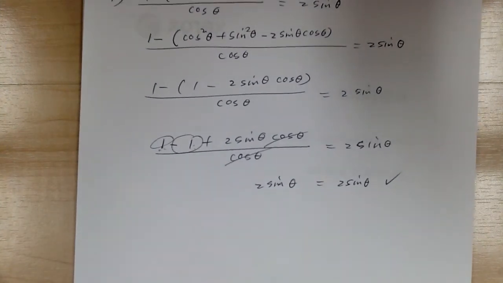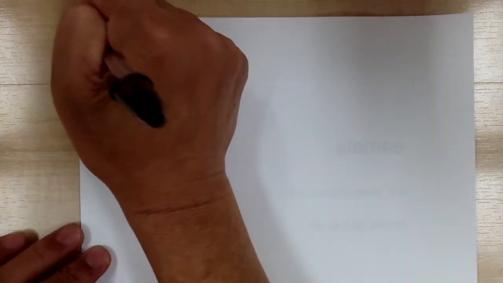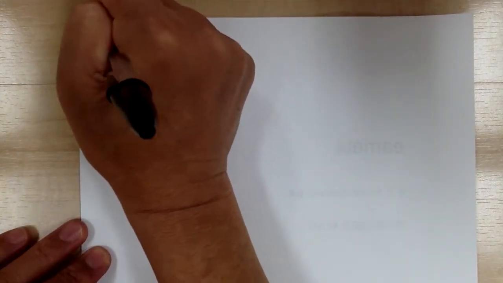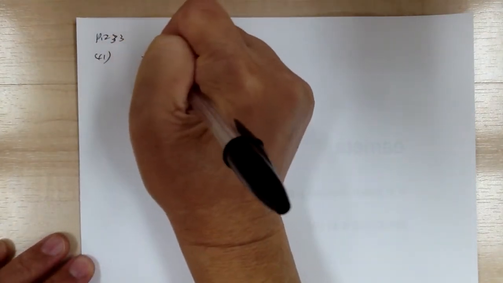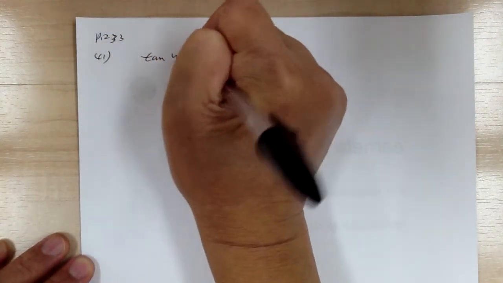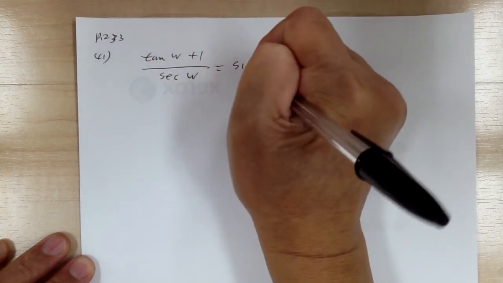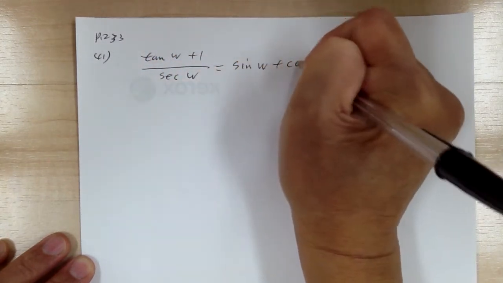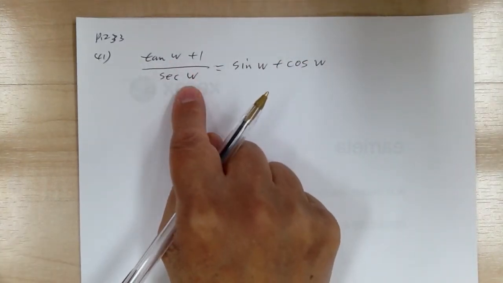Okay, let's go to number 41. You have tangent W plus 1 over secant W equal to sine W plus cosine W. So this side looks kind of harder, so let's go and try to simplify this.